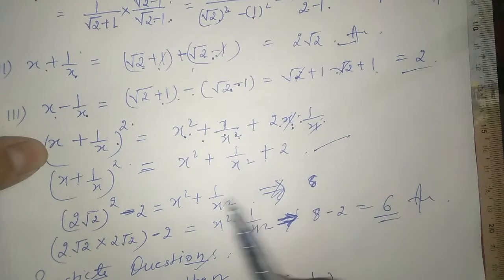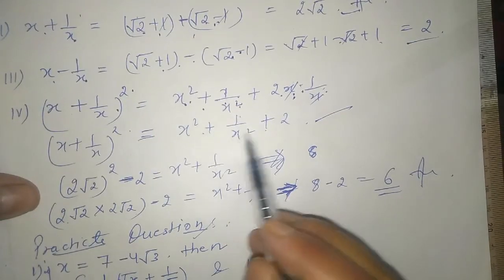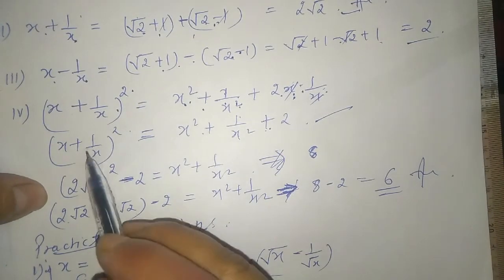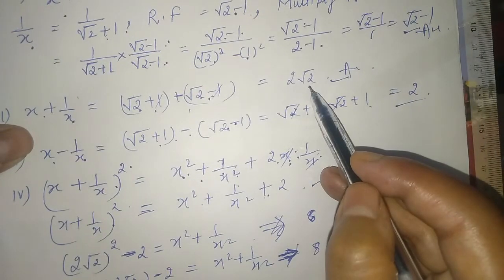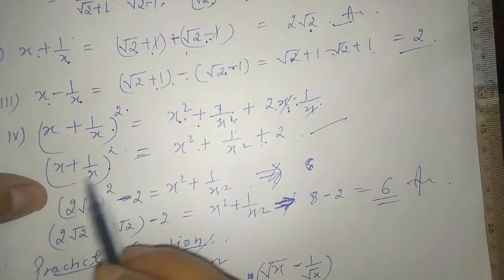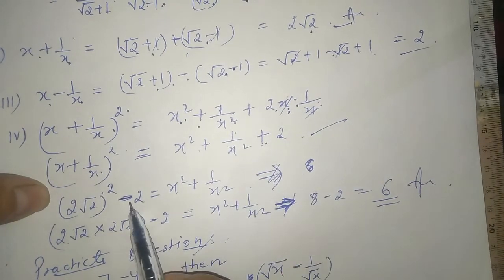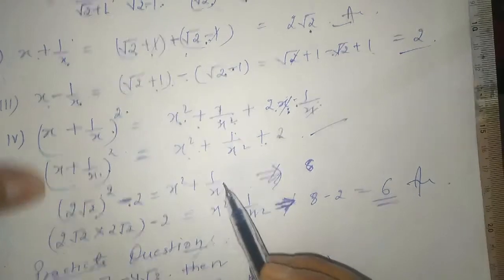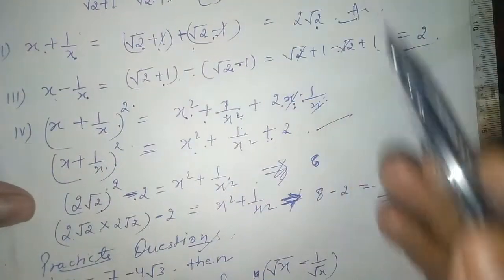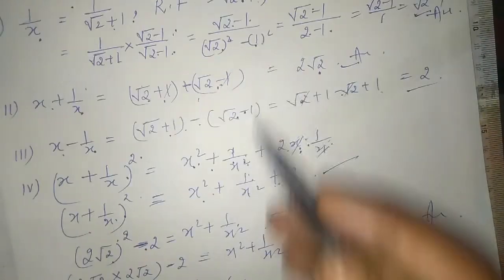So the formula becomes x² + 1/x² + 2. We found x + 1/x is 2√2, so we replace it by (2√2) whole square. This 2 will transpose to the left side, and x² + 1/x² is what we have to find.